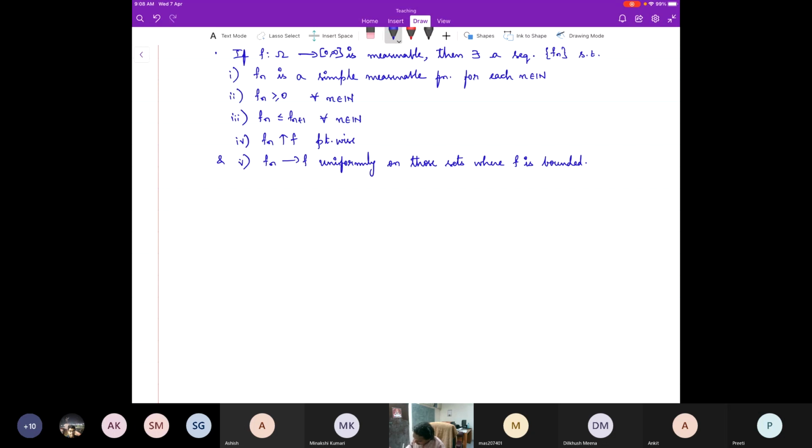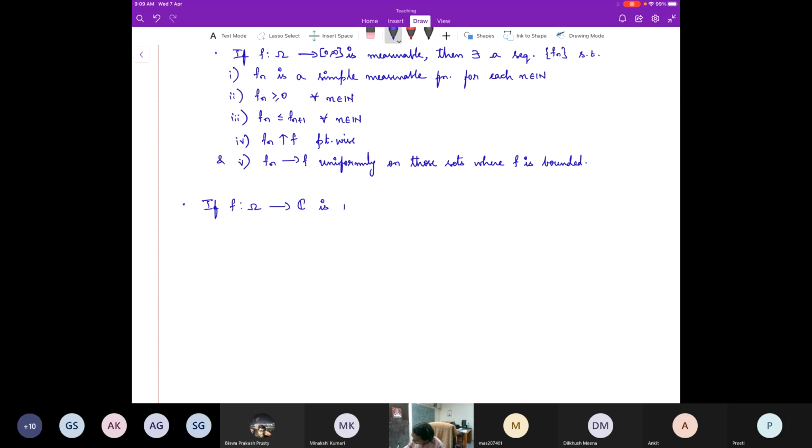So the next one is that if f from omega to C, in fact I should write it as C bar. What is C bar? It is C union infinity. If this is Borel measurable, we'll simply write it as this, and this much is enough. You don't need a C bar.